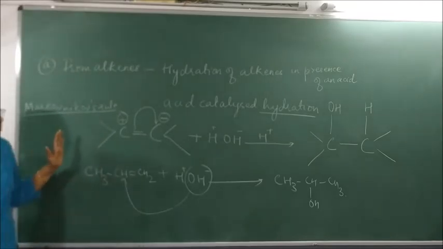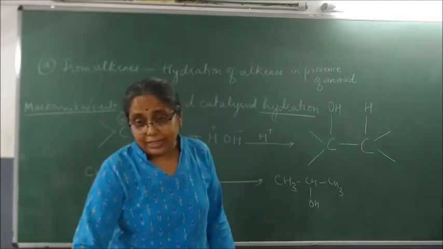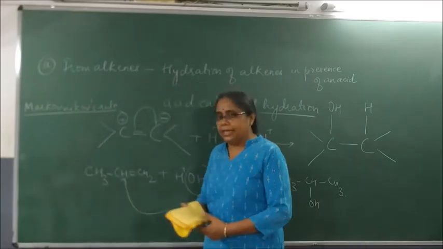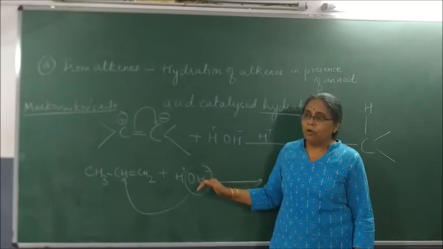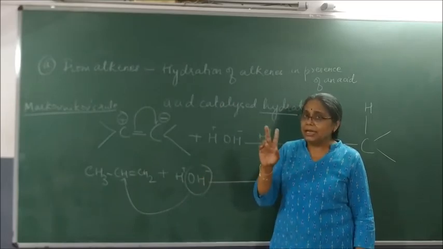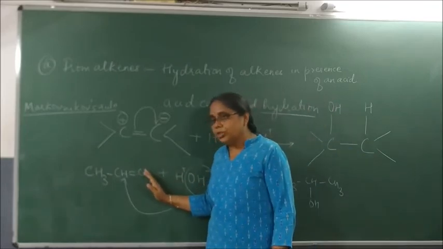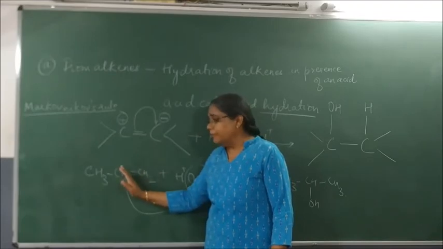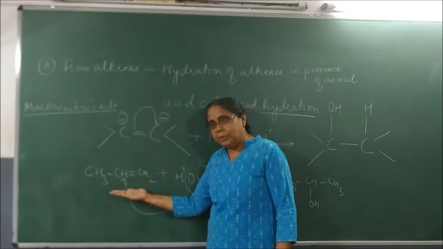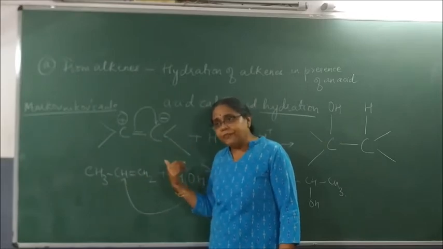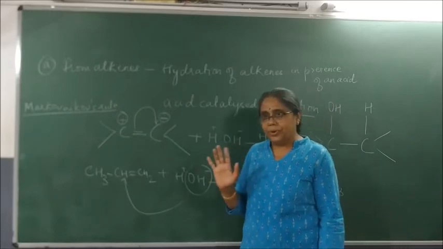So the first method of preparation is acid catalyzed hydration of an alkene. Understood this reaction? With three carbon atoms, the alcohol is attached at the second carbon, never the terminal carbon. It should be the carbon adjacent to the terminal carbon. If you have 5 carbon atoms, it depends on the position of the double bond.